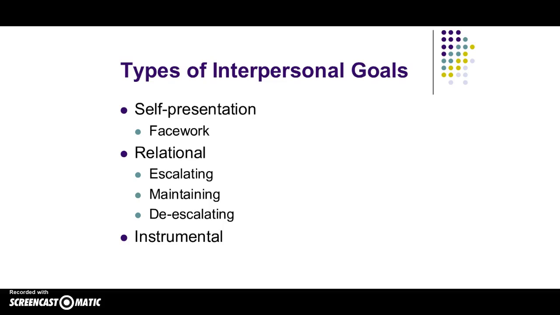So certain things occur in each of these stages, and when a relationship hits a certain one of these stages, our relational goals may change, and the behaviors that we take part in are probably going to change as well. So in the ending chapters of our textbook, we'll touch on each of those stages of a relationship in a lot more detail.